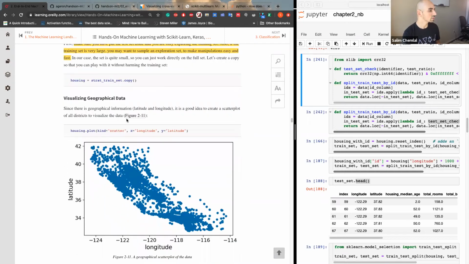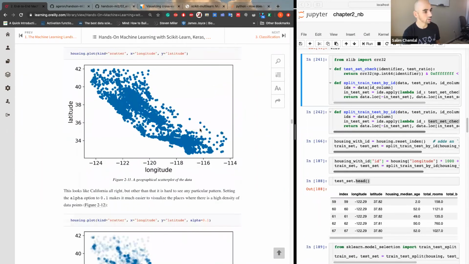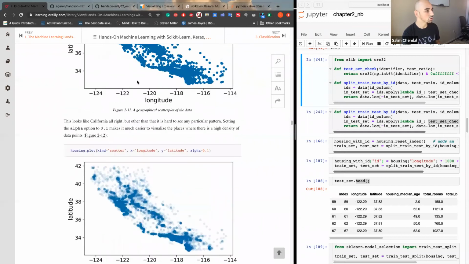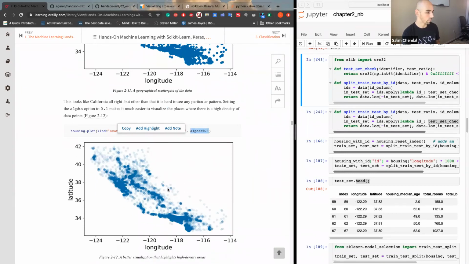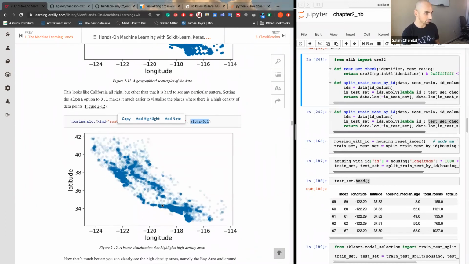For instance, here he plots longitude and latitude, and this kind of looks like a California map, right? So latitude, longitude, and then what he changed between here and here, he used this alpha to show the density of the points. With that, you can see that, for example, this is the Bay Area.